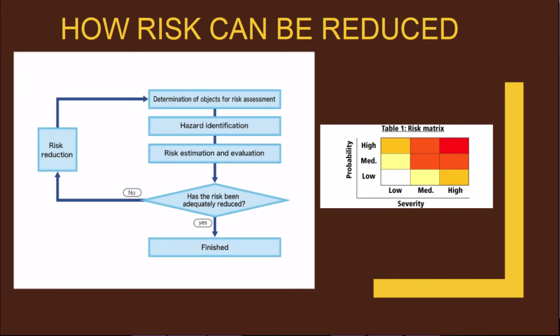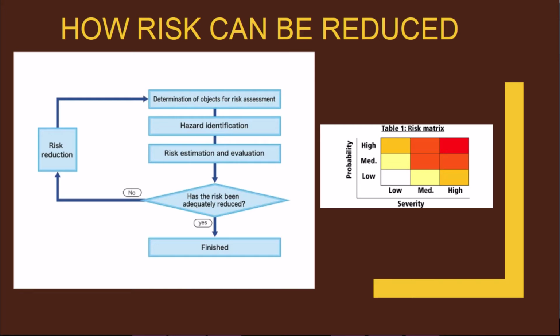After the simulations, or after our thought process, we get our results. If we have reduced the risk significantly, then we say that the risk reduction process has been finished. And if it's not, or if there is any risk left over, we again follow back all these steps. So it forms a loop. It's a continuous cycle.